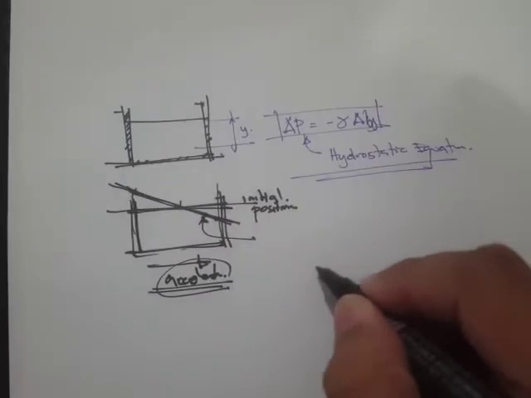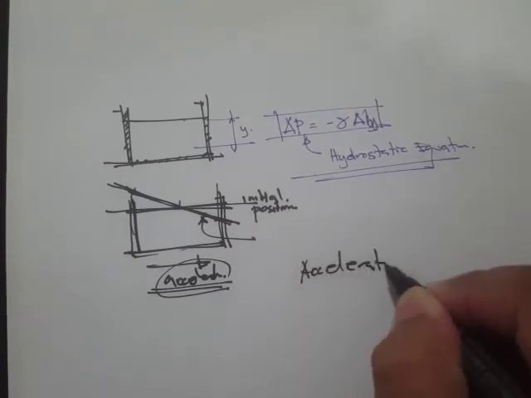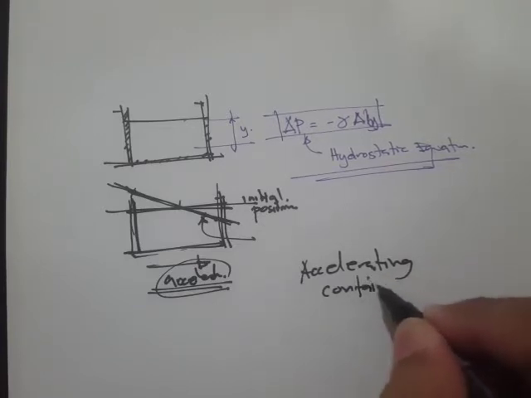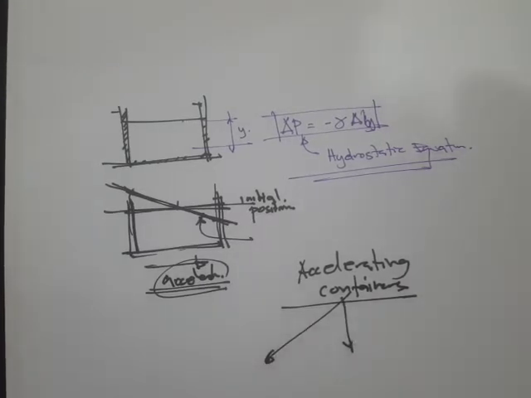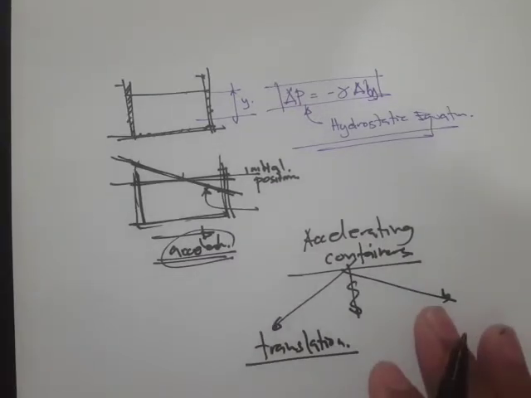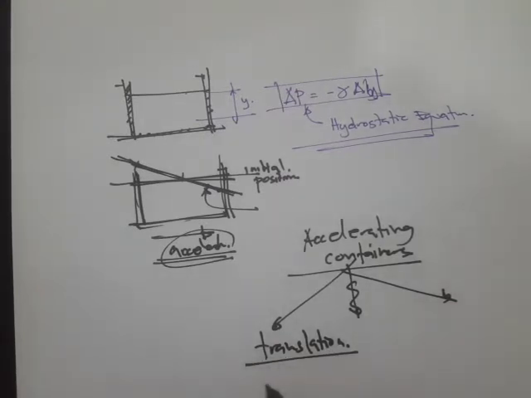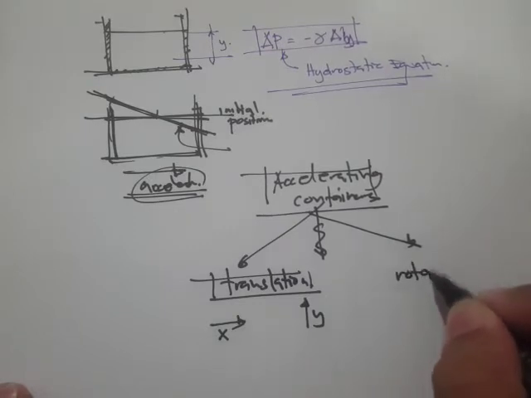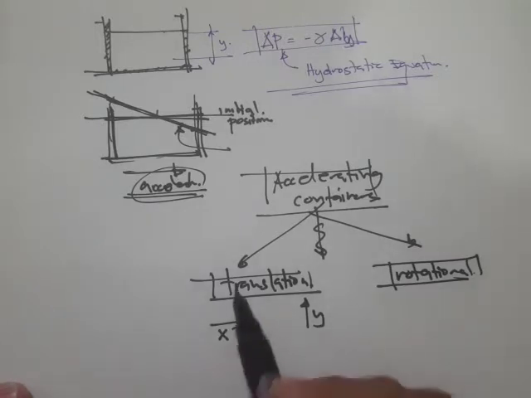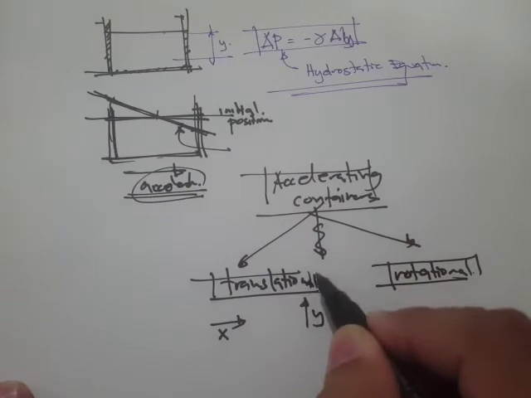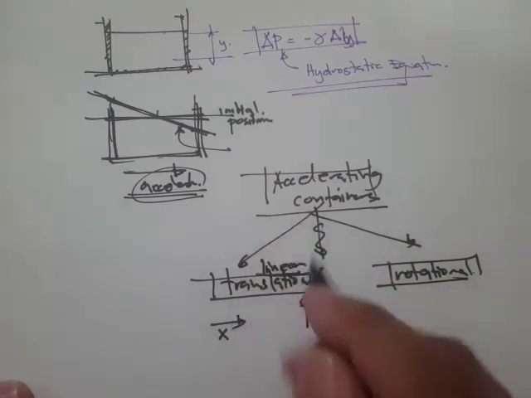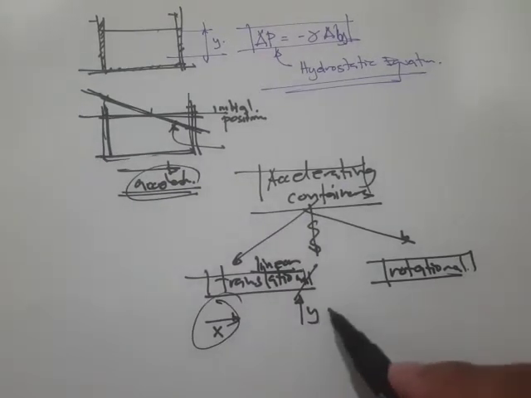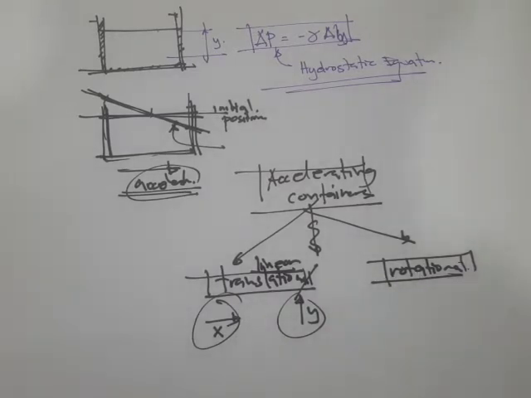Again, we will have accelerating containers, and the acceleration can be translation or rotation. Translation, or linear acceleration, can be along the x or along the y-axis. The other one is acceleration that is rotational in nature, if the container is undergoing a rotational motion.